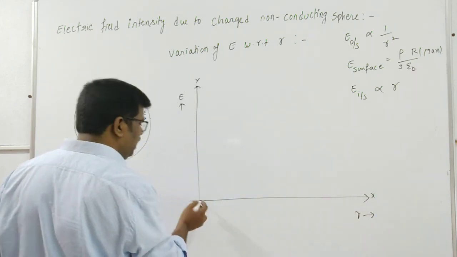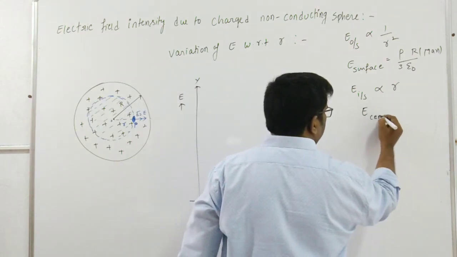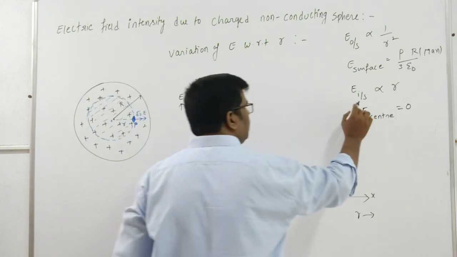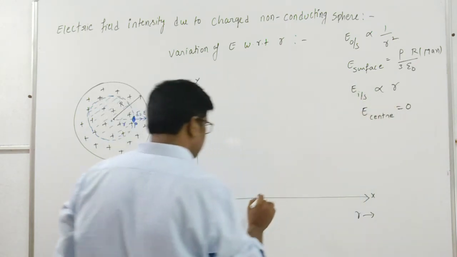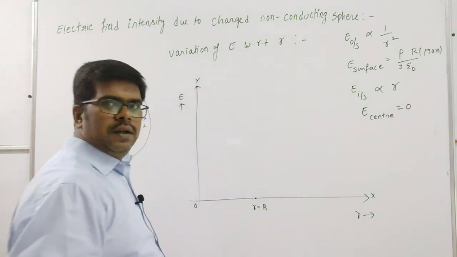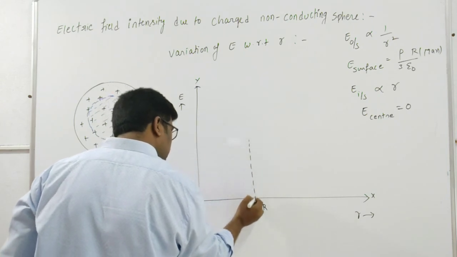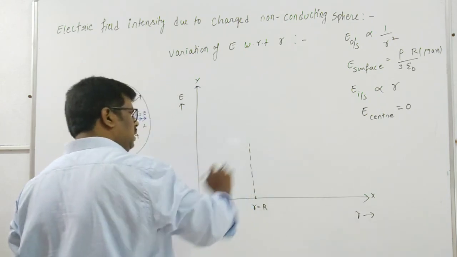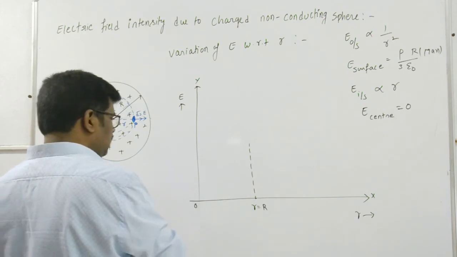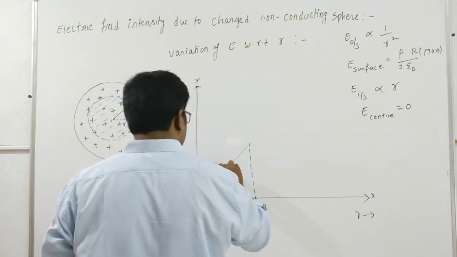This is the center. The electric field intensity at the center is 0 anyhow. Inside, up to the surface, it linearly increases. So this is the surface, small r equal to capital R. Up to this extent E varies linearly with distance, so the nature of the curve is a straight line.